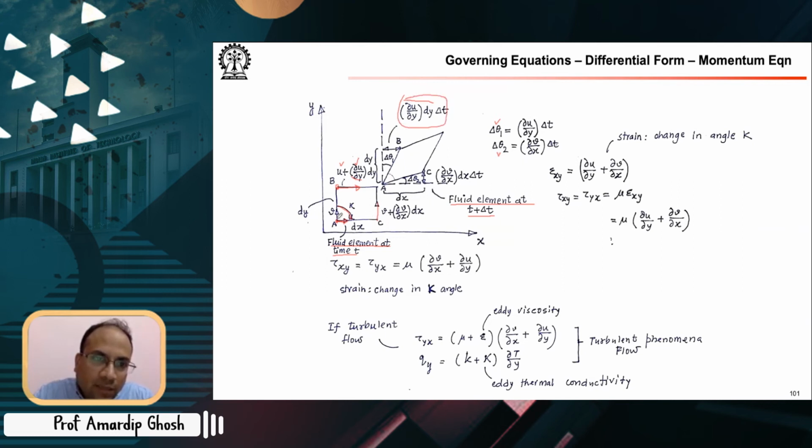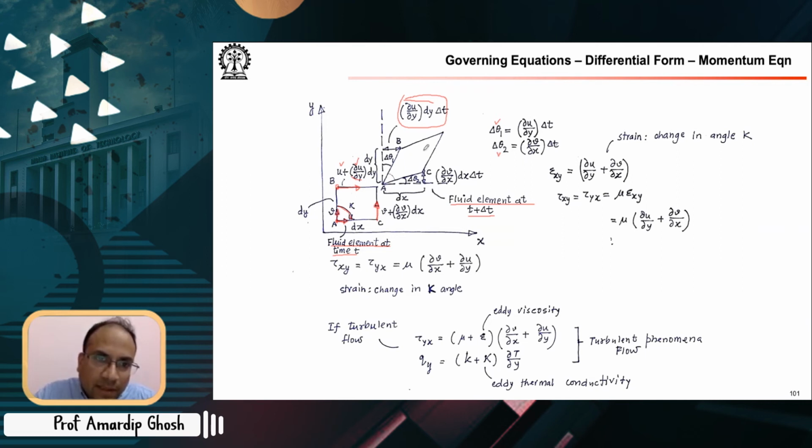Similarly, if the y component of velocity at location A was v, and the flow field is such that v is also changing with respect to x, then v becomes v plus the rate of change of v with x multiplied by the extent through which we go from A to C. So point A is moving in the y direction at a velocity of v, and point C is moving at a velocity of v plus dou v by dou x into dx.